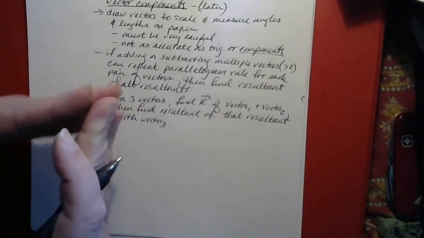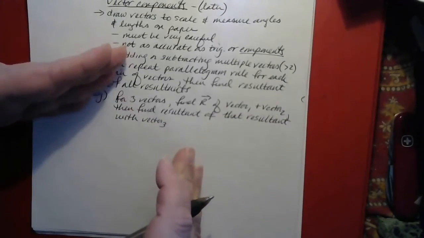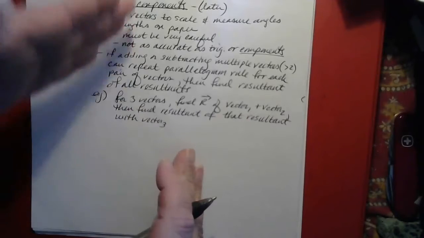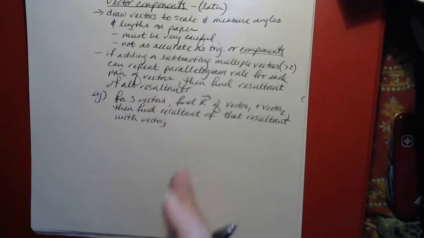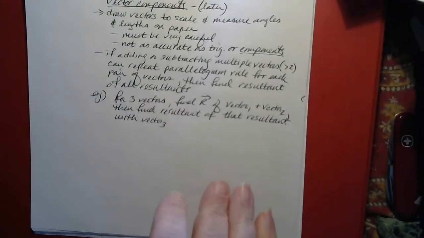So for each successive pair of vectors, you find the resultant of that pair, then you find the resultant of that resultant and the next vector, then that resultant and the next vector, until finally you're done. The last resultant should be the overall resultant for the whole thing.